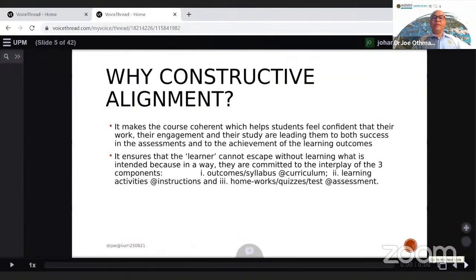Continue. So why constructive alignment? I'm just reading at the end here. It ensures that the learner, our students, cannot escape without learning.